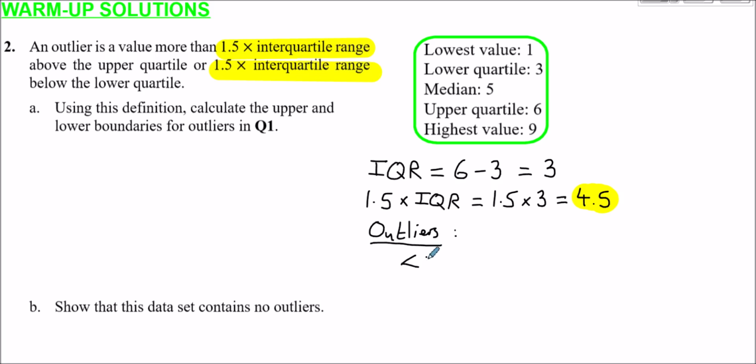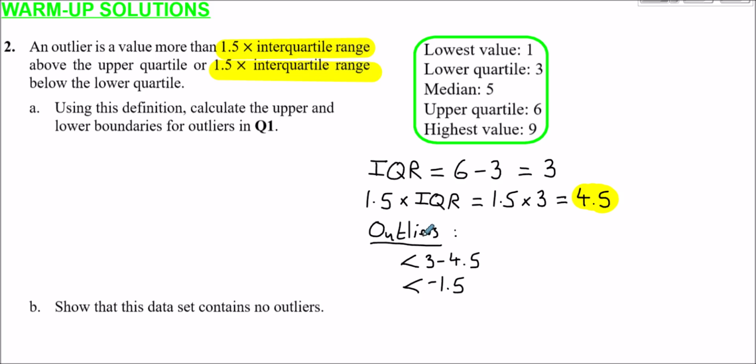So it needs to be less than 3 minus 4.5. In other words, it needs to be less than minus 1.5, which is clearly impossible for a score. You might be able to do badly on a test if you don't revise, but I'd very much doubt you can get less than minus 1.5 out of 10. If you do, come and see me. You must be miraculously terrible.